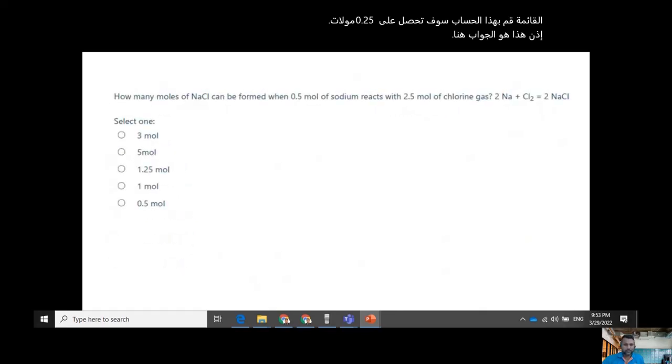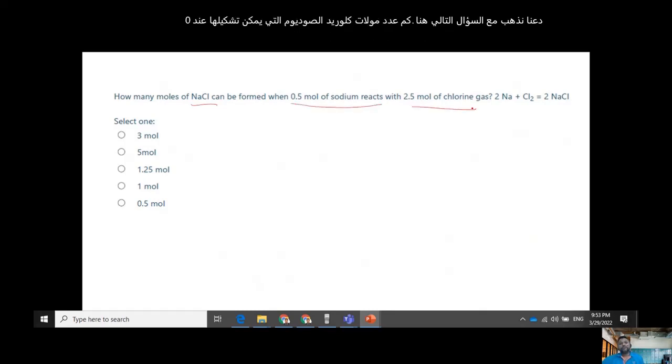Let's go with the next question. How many moles of sodium chloride can be formed when 0.5 moles of sodium reacts with 2.5 moles of chlorine gas? You see the ratio, 2 moles of sodium combines with 1 mole of chlorine to give 2 moles of sodium chloride.